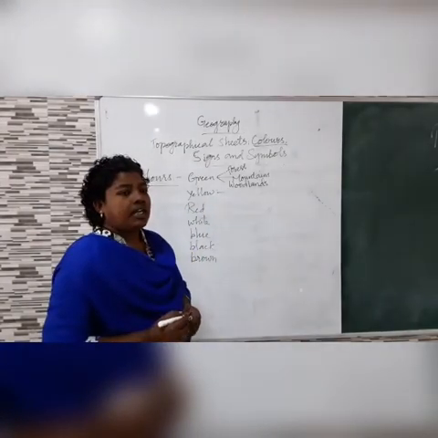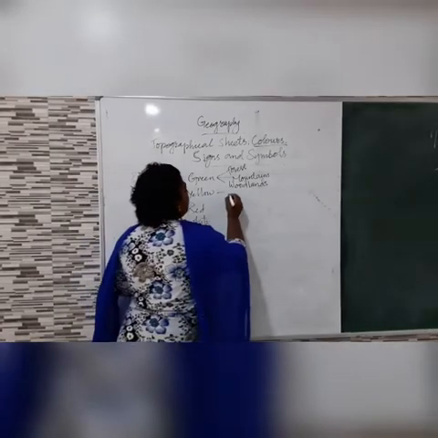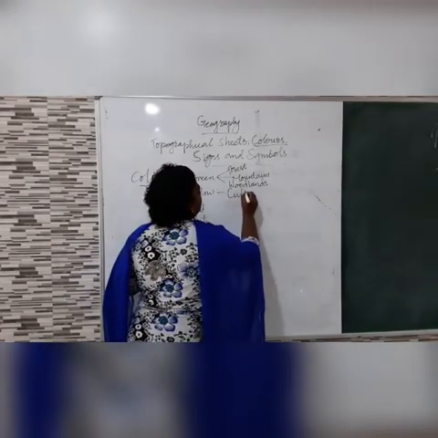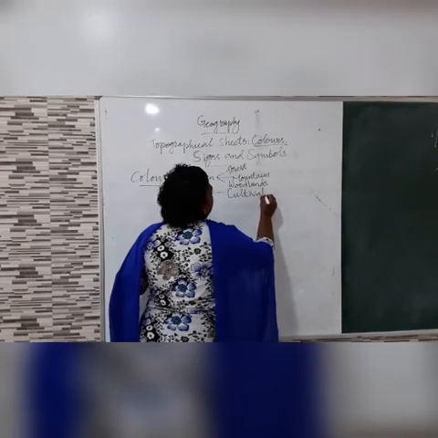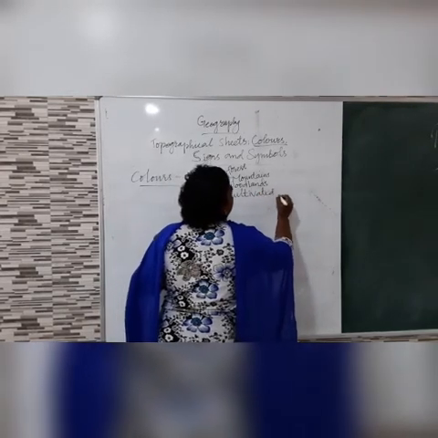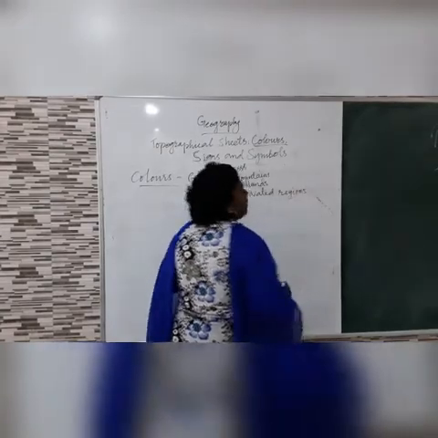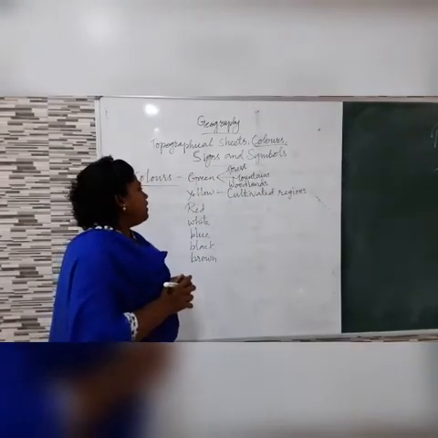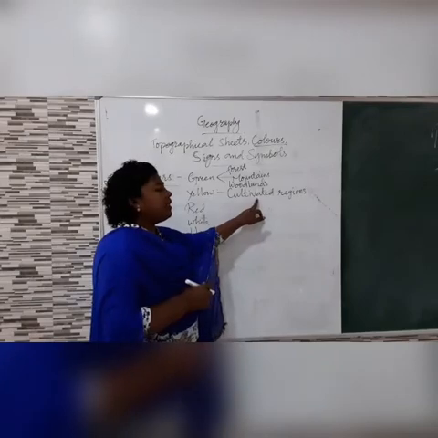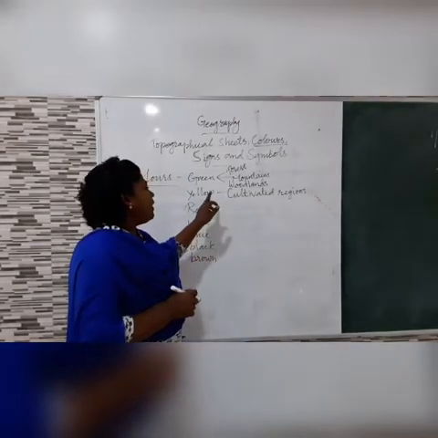The next color is yellow. All the cultivated areas, the cultivated region in the map, is shown in yellow color. Which color is used to show the cultivated region? It is yellow color.